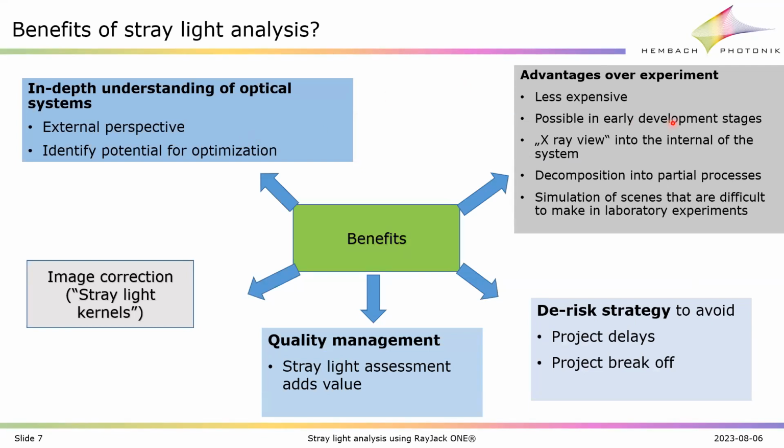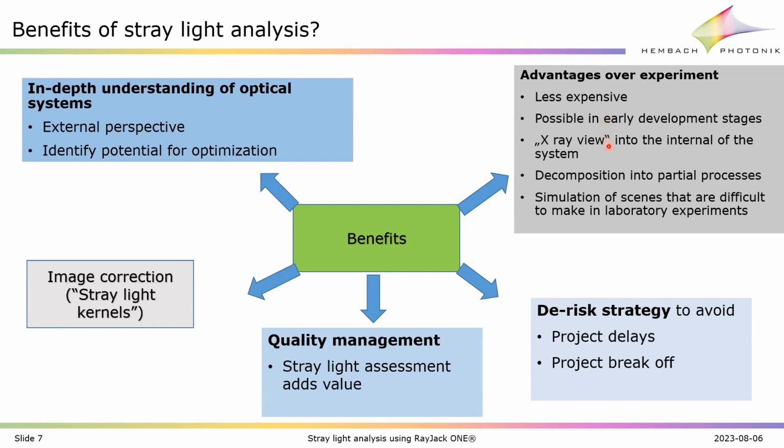It has many advantages over experiment. Although at the end you will need the experiment, it's less expensive because you essentially can do everything on the computer. It is possible in early development stages. That's very important. So even before a hardware prototype is available.